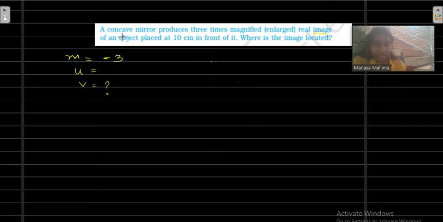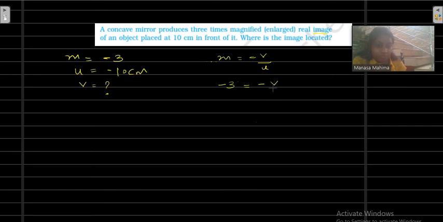And since you are talking about a concave mirror, what about the object distance? You had to take with a negative sign, that is minus 10 centimeter in front of it. Where is the image located? You had to determine what is v value. Okay, so what is the formula? If you see, m is equal to minus v by u, right? Since you know the value of m as minus 3 is equal to minus of what?